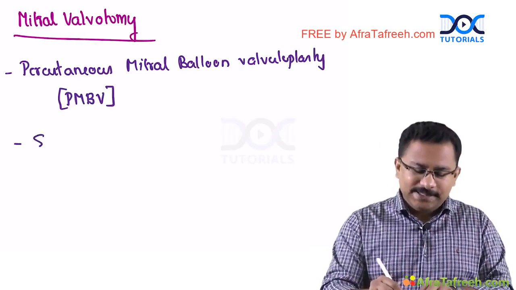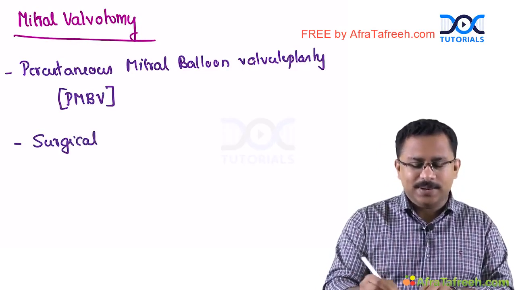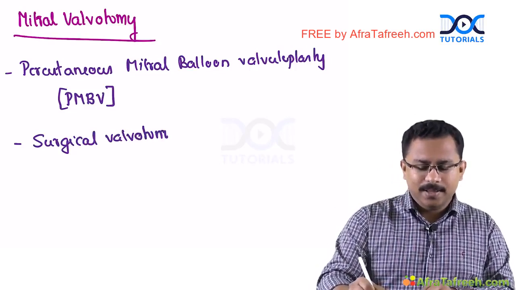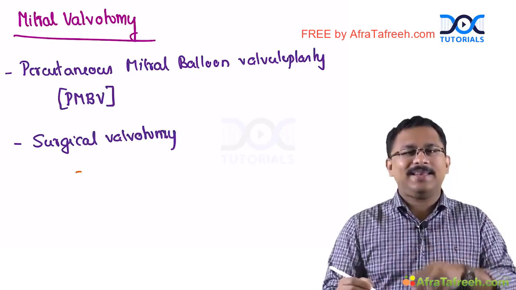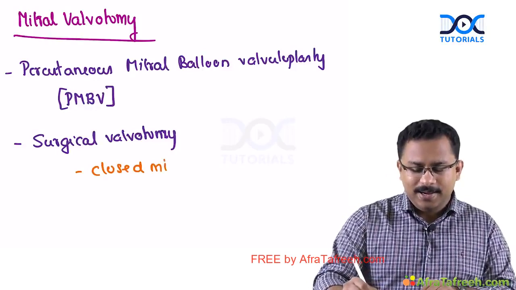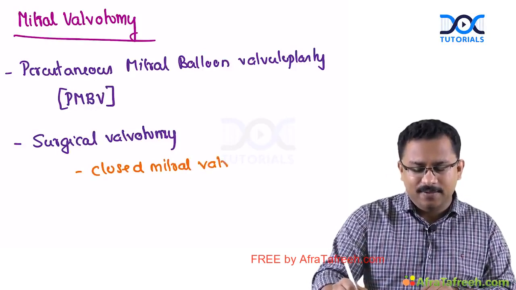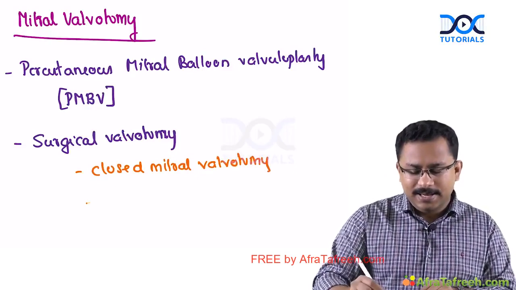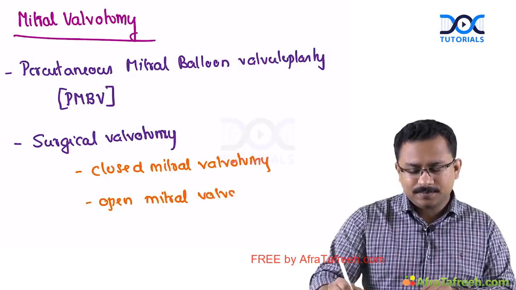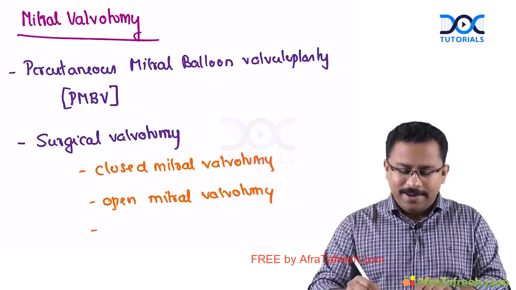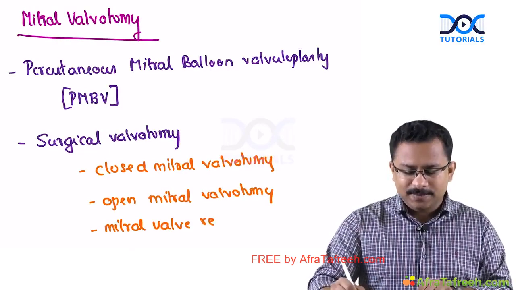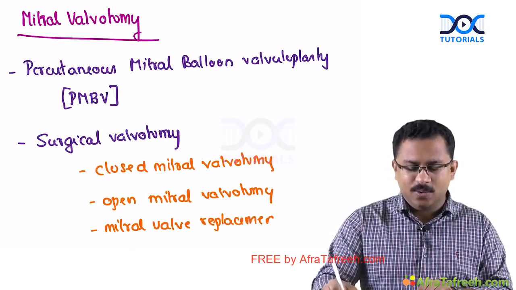And you can also go for a surgical one. Okay, so one is a PMBV, the other one is a surgical valvotomy. Surgical valvotomy can be a closed mitral valvotomy, it can be an open mitral valvotomy, or you can go for a mitral valve replacement. So these are the surgical options that you have.